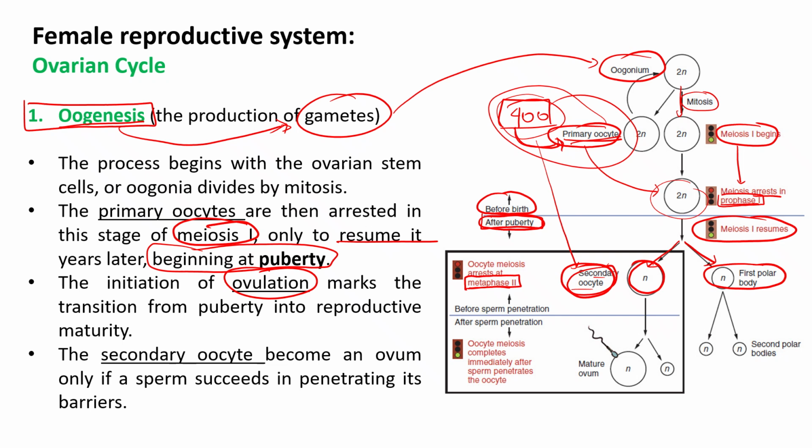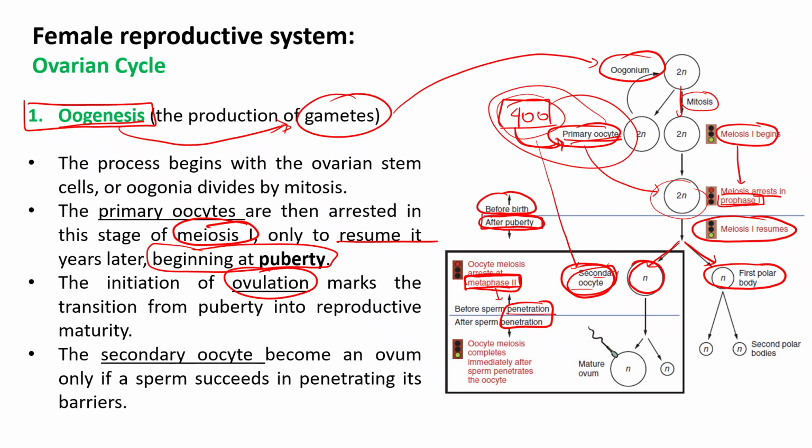The only moment in which it will resume to complete meiosis 2 is if it gets penetrated by a sperm. If there's no penetration by a sperm, the secondary oocyte will never resume from metaphase, and eventually will get lost during menses.